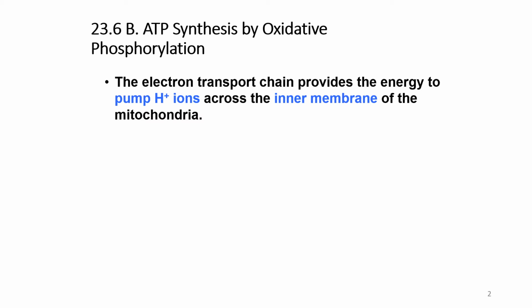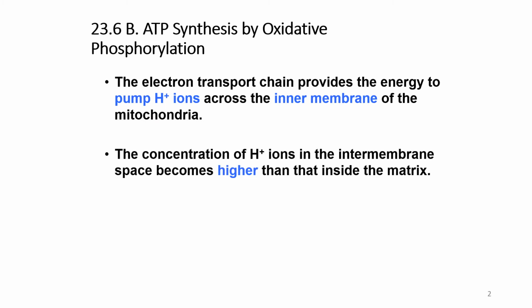So we're going to look at a depiction of the electron transport chain that's embedded in the inner membrane of the mitochondria. One of the functions of this pathway is to pump hydrogen ions across that inner membrane.